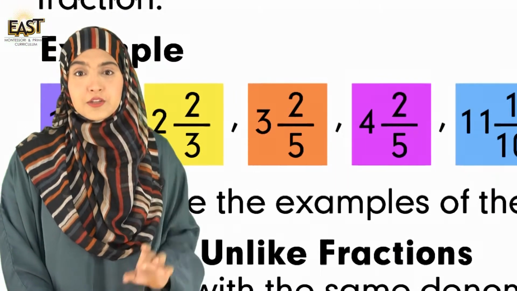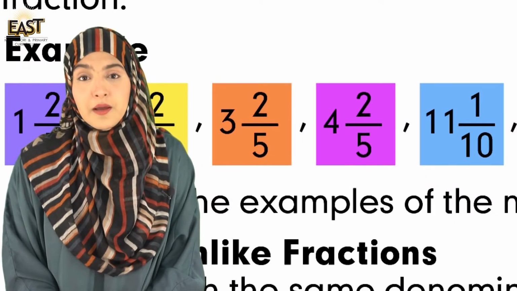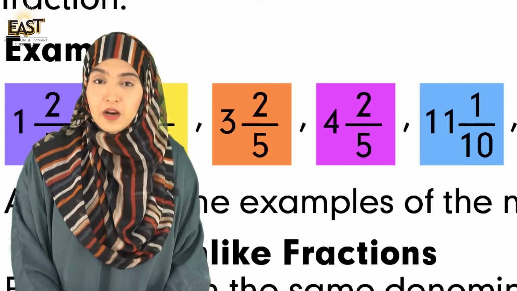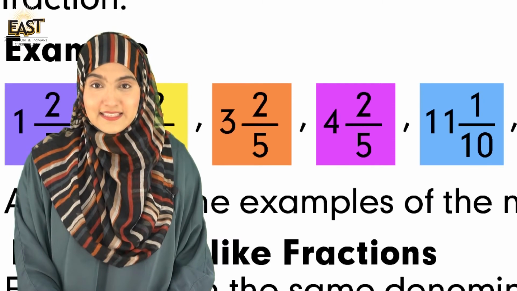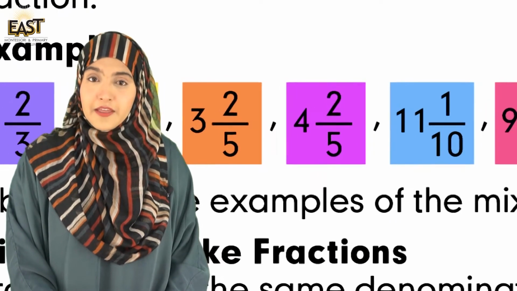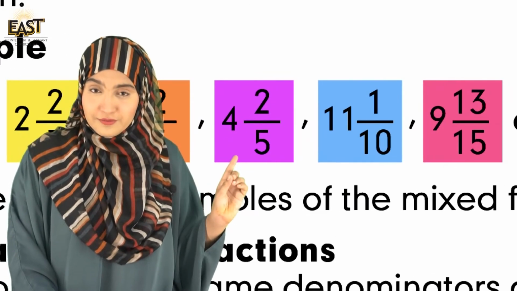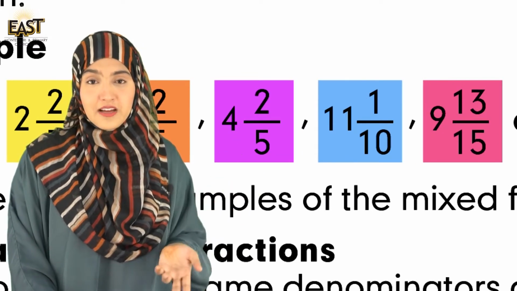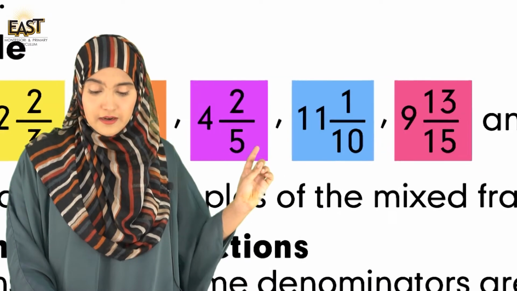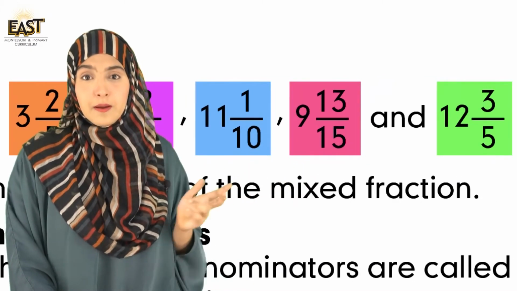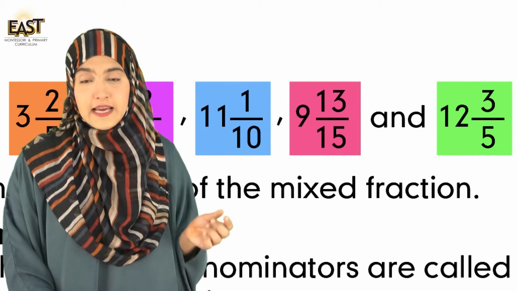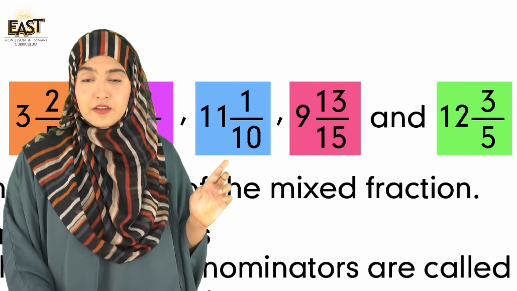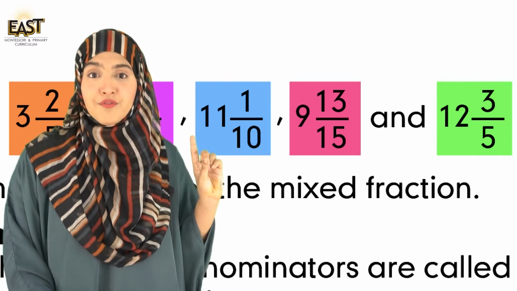Very good. 3 2 upon 5 is also a mixed fraction. 3 is a whole number and 2 upon 5 is a proper fraction. Now we have another example, 4 2 upon 5. 4 is a whole number and 2 upon 5 is a proper fraction. There are more examples related to mixed fractions. It has a whole number as well as a proper fraction. Together they make a mixed fraction.